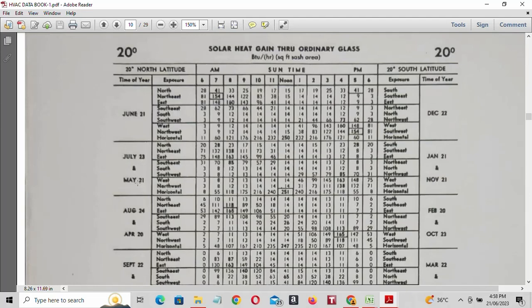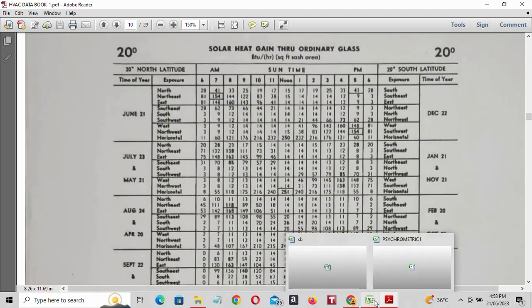Our window is exposed to the sun in the south direction, so we check the value in south. Here we have to take the highest value. For south, the highest value is 14. So you have to take 14 as the solar heat gain through glass.